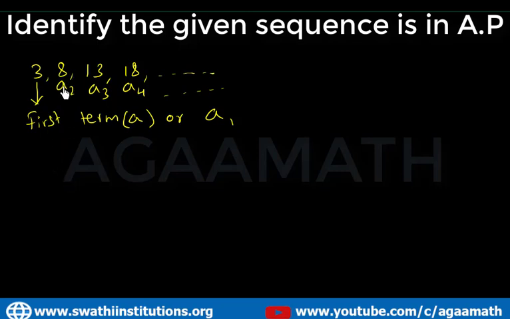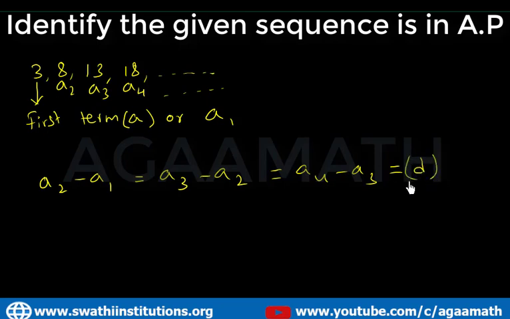Let me check: A2 minus A1 should be equal to A3 minus A2, and also equal to A4 minus A3, and so on. This is nothing but D, the difference. Here the difference is indicated with the letter D. This is what we discussed in the last video.